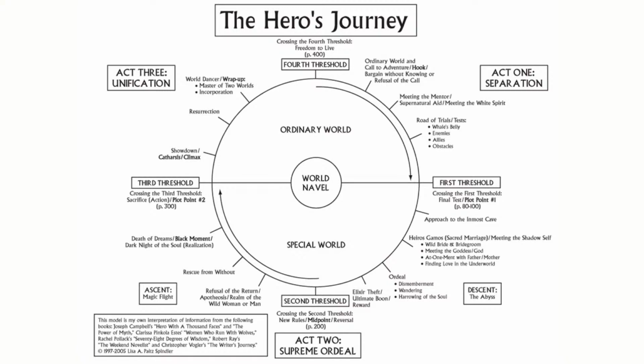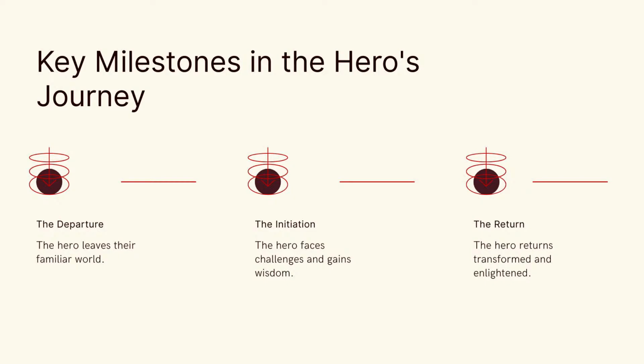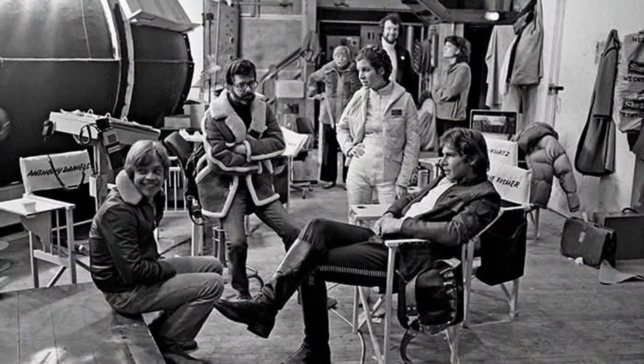So that's the big, ugly Joseph Campbell slide. The milestones are: the hero leaves their home, they face challenges and gain wisdom, and they go back home, transformed and enlightened and able to contribute and help their community.